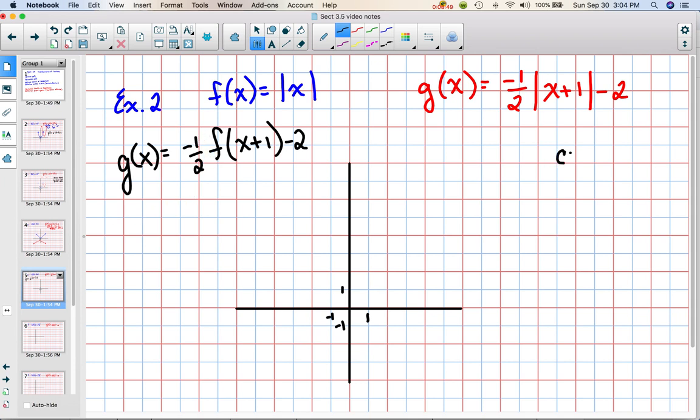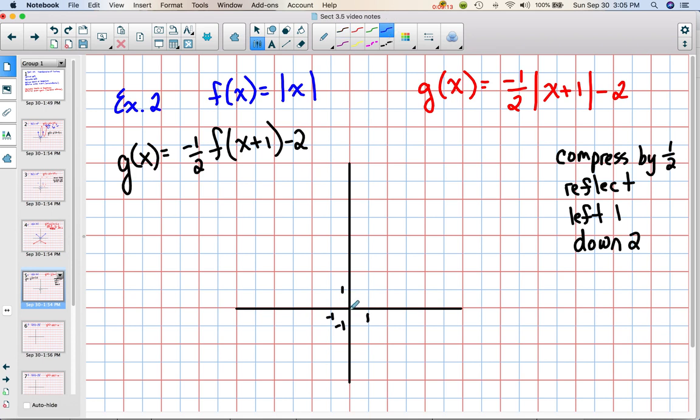So I'm going to apply that part first. Then I'm going to reflect. Then I'm going to go 1 to the left and down 2. And that part wouldn't matter as far as the order on those last 2 steps.